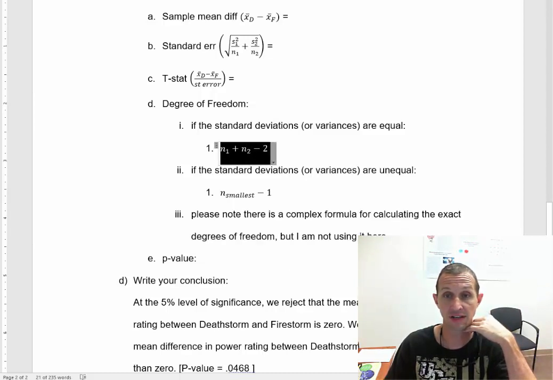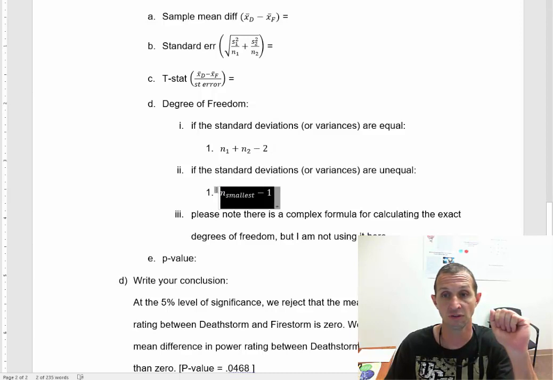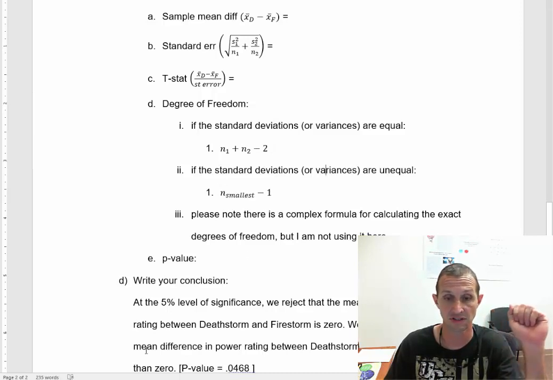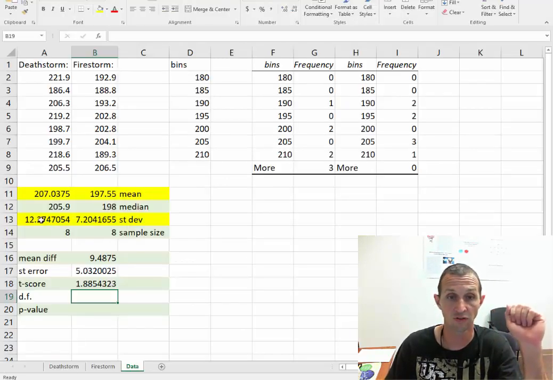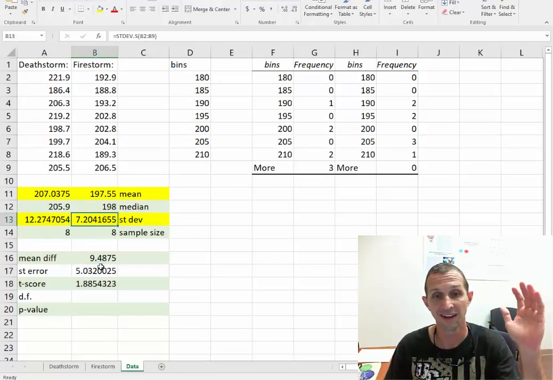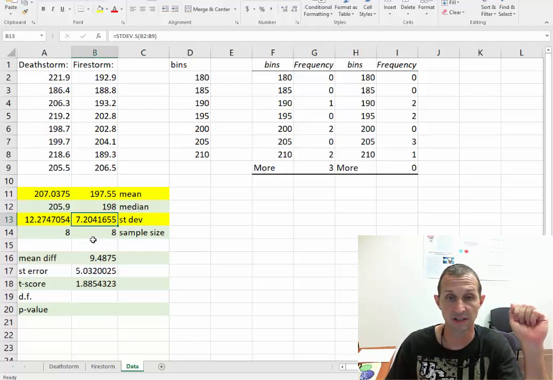So this is an excellent rule of thumb if the standard deviations are equal. This is an excellent rule of thumb if the standard deviations are not equal. And if you look over here, you've got 12 and 7.2. And you're like, oh, those don't seem like that big a difference, right?